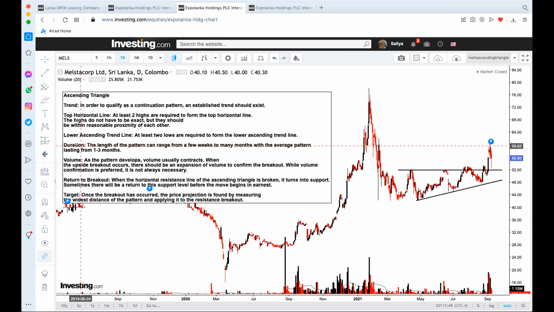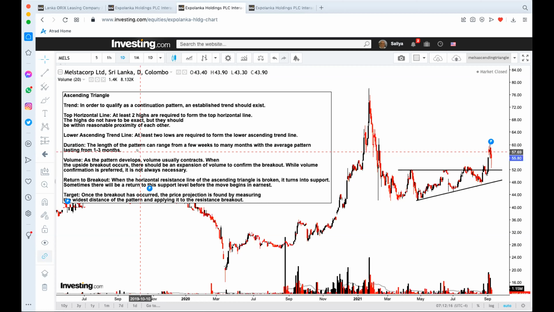Thereafter, this is very important. We need to understand that the duration, the length of the pattern, can range from a few weeks to many months, with the average pattern lasting from 1 to 3 months. So an ascending triangle need not be a short-term triangle. It can stretch out from 1 to 3 months.